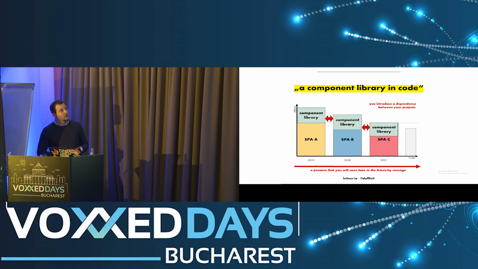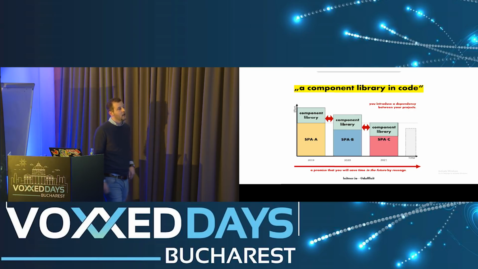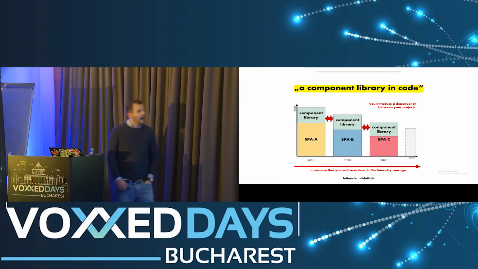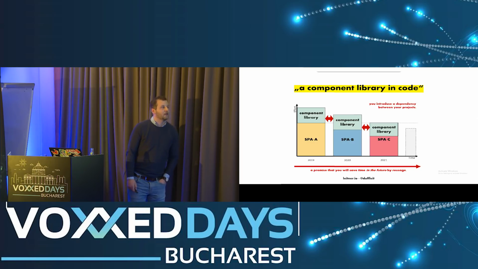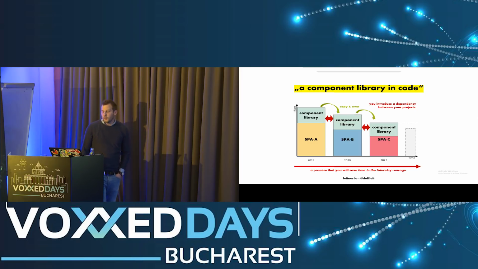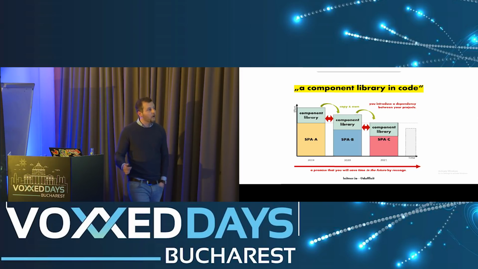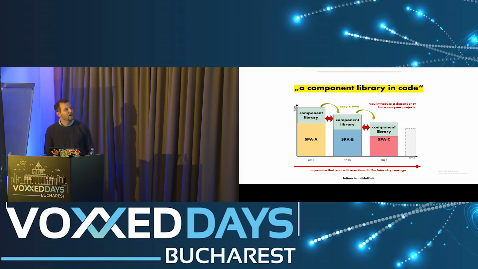We have this because we have this dependency between our single-page applications, and we have this promise, and we cannot actually promise that we can reuse stuff for the long term in the front-end world. So sometimes here a copy and own approach is much better, and I know I see the fear now in the eyes of developers when I say copy and own. Duplication was always considered to be bad.